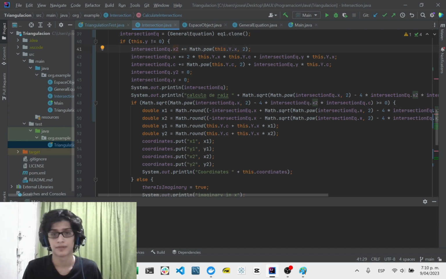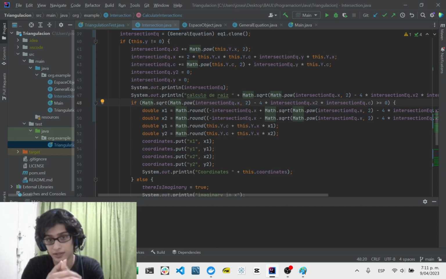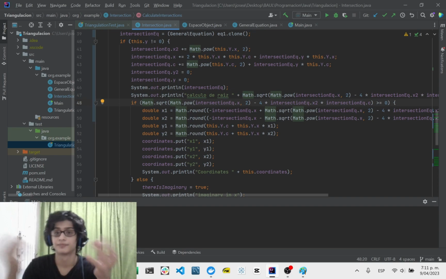And then when I apply this, if the square root is less than 0, it means that there is an imaginary number, right? Otherwise I can apply the formula.